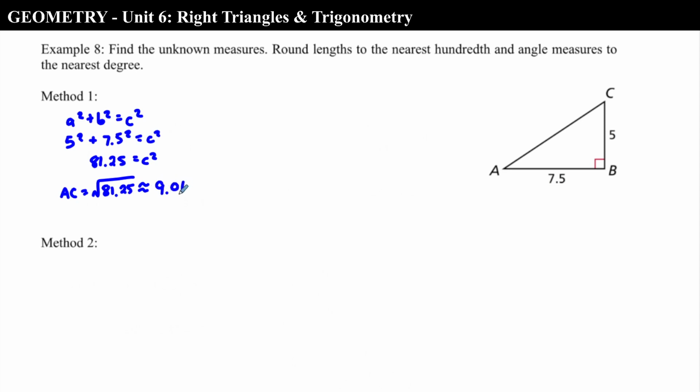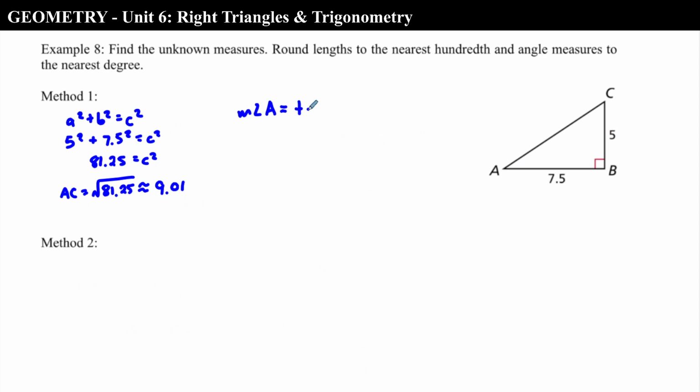Now, a word of caution. We're going to go find some angle measures now, but you cannot use your hypotenuse to do this because we have approximated our hypotenuse. So you are going to have to use the given leg lengths. And if we're going to use the given leg lengths to find the measure of angle A, then we are going to have to use tangent because we're going to have opposite over adjacent.